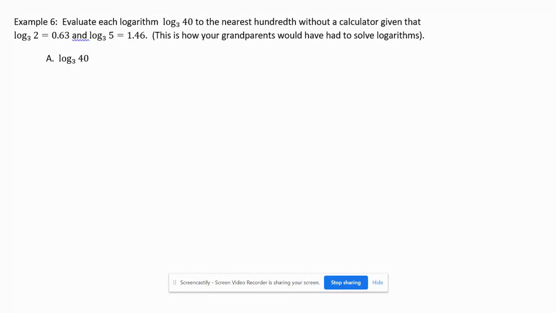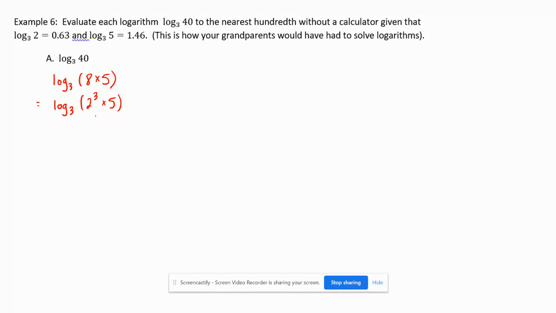Well, first of all, you can break up 40 into 8 times 5, and I can make 8 equal to 2 cubed, times 5.